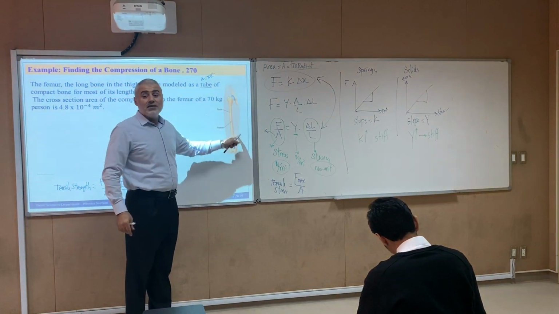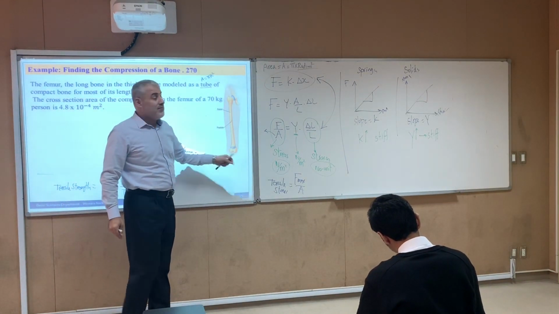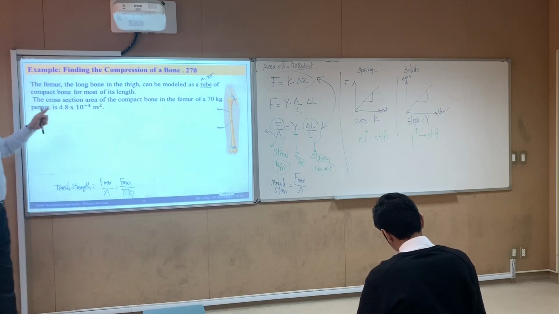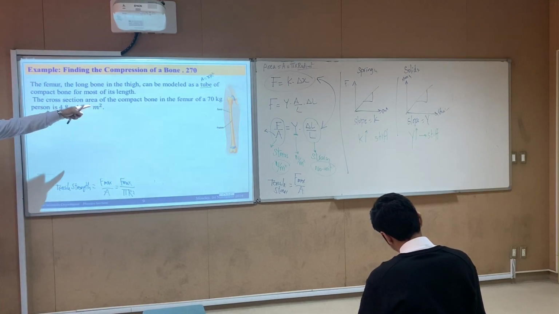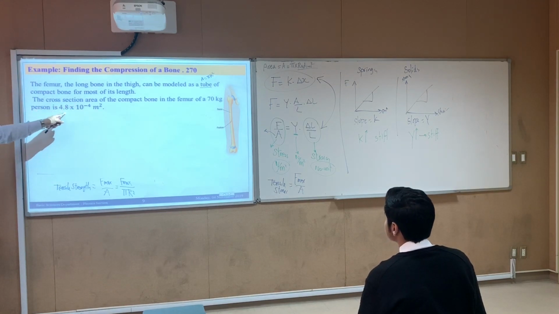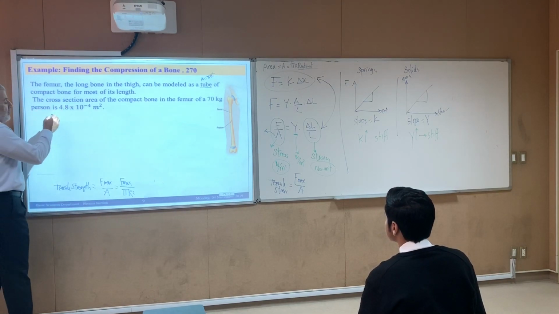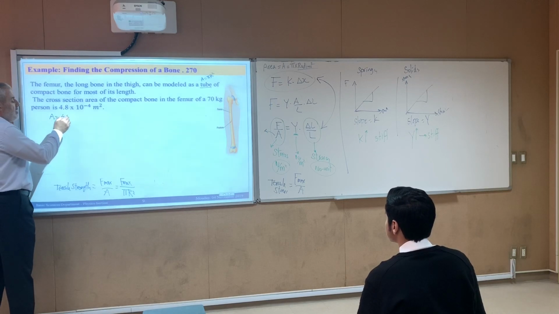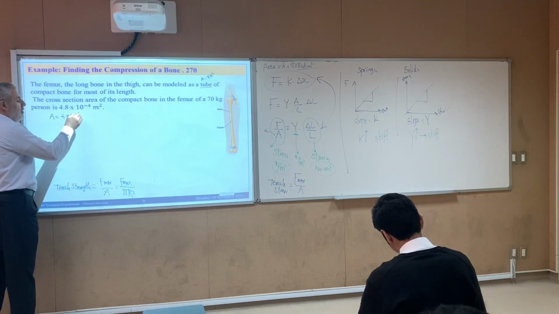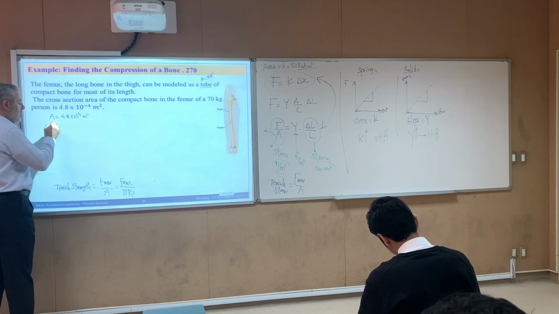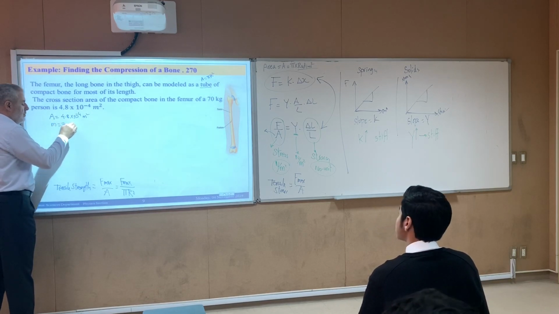This is the longest bone in a human body. Now the cross-section area of compact bone in the femur of a 70 kilogram person is A, which is 4.8 times 10 to the power negative 4 square meters. The mass is 70 kilograms. This is what is given.